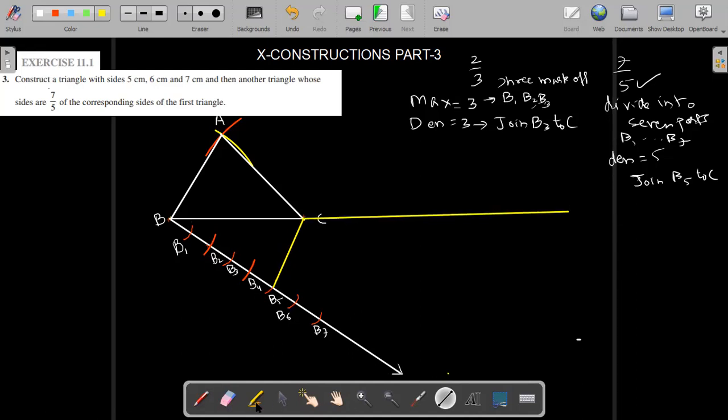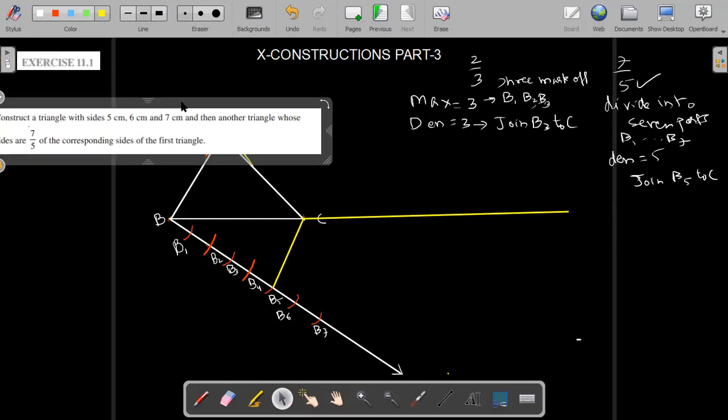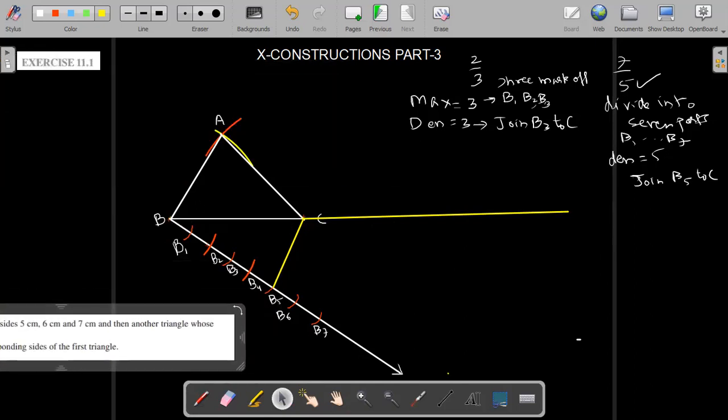Okay. And you need to draw now a parallel line with B7 that will cut at D, and another line parallel to this line. You also have to extend BA.